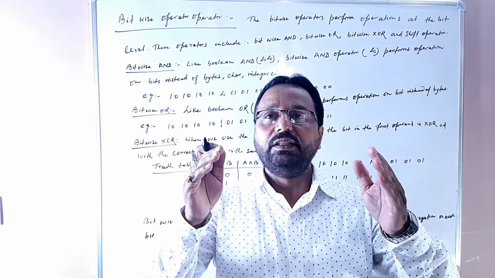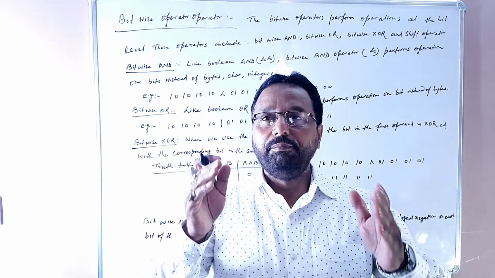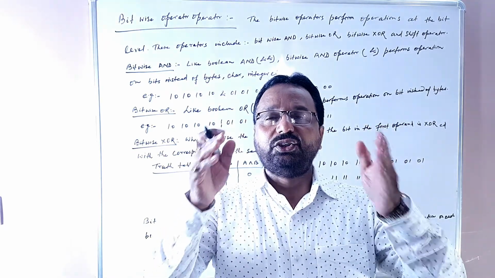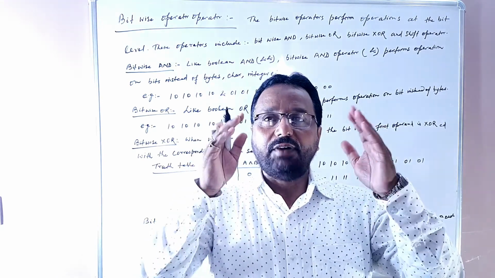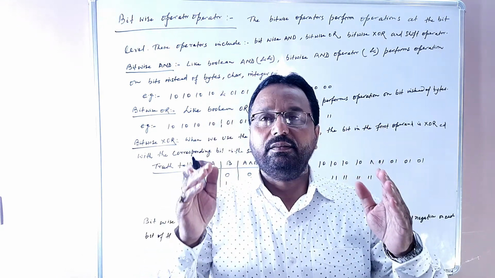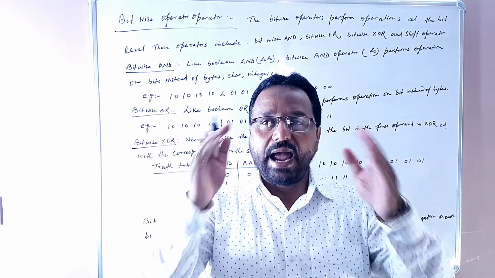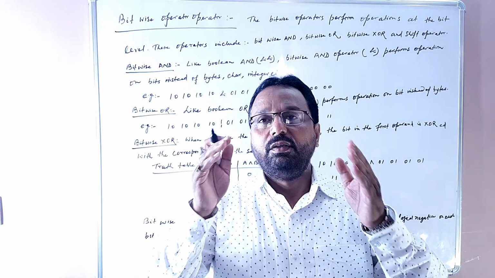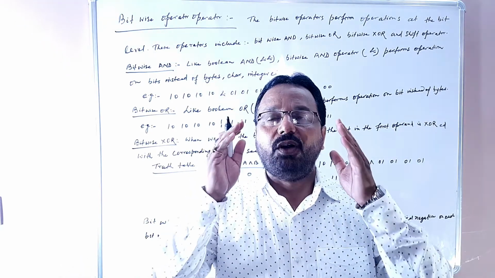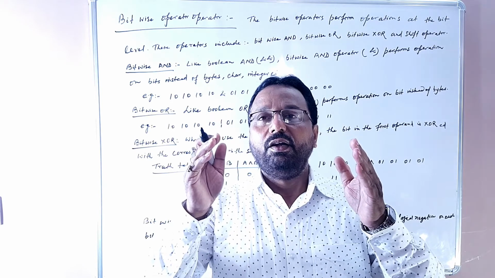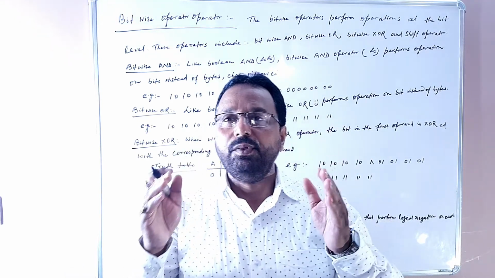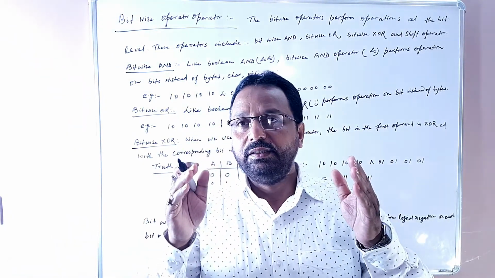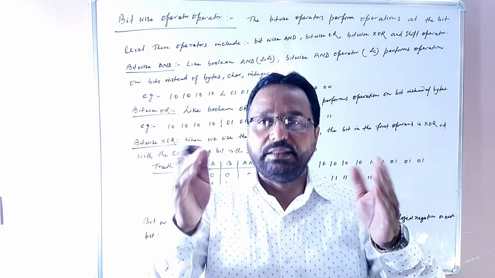These operators include bitwise AND, bitwise OR, bitwise XOR and shift operators. The bitwise AND operator is like Boolean AND, which is the double ampersand sign. The bitwise AND operator is a single ampersand sign and performs the operation on a bit instead of a byte, character, integer, etc.